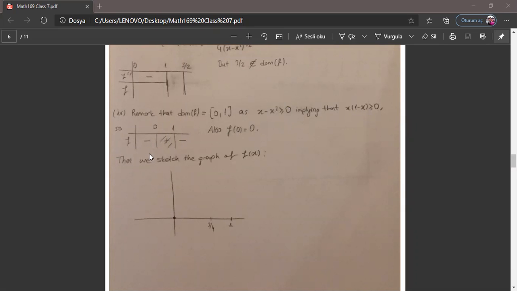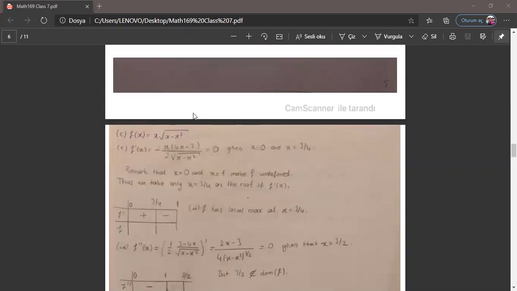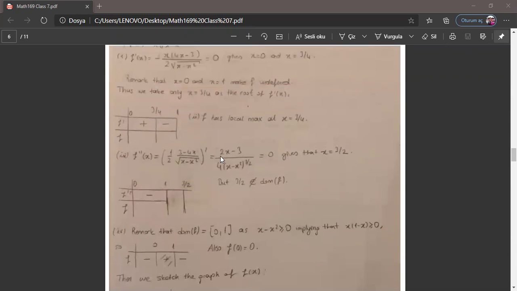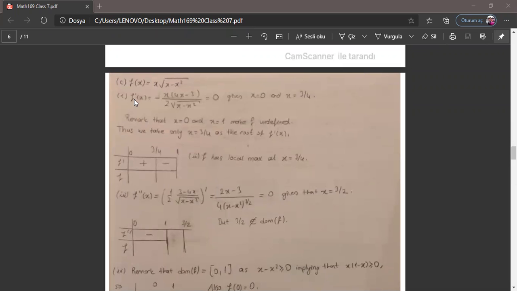Okay, it gives this inequality. So by using this table, you need to have something positive as you have this inequality. So you get 0, 1 as the interval that the function is defined. Okay, so we have this domain 0, 1, the closed interval. When we compute the roots, we need to remember that. The roots of f prime that we found before are 0 and 1.